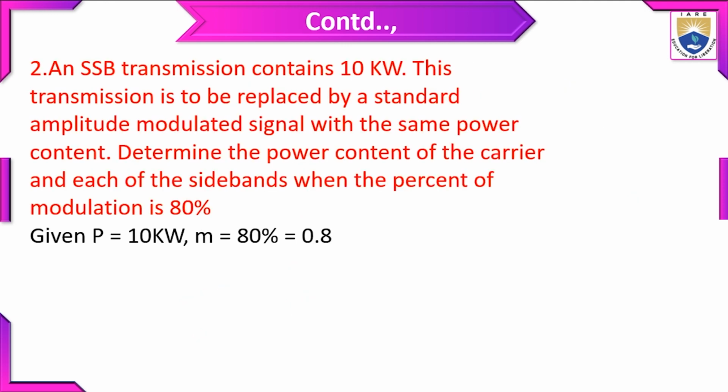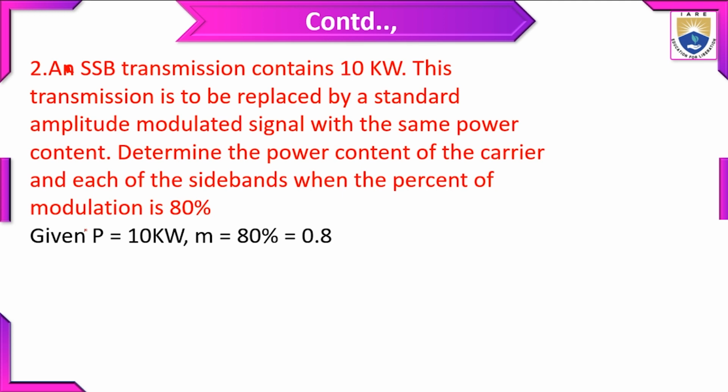Now coming to the second problem. An SSB transmission contains 10 kilowatt. This transmission is to be replaced by a standard amplitude modulated signal with the same power content. Determine the power content of the carrier and each of the sidebands when the percent of modulation is 80%.